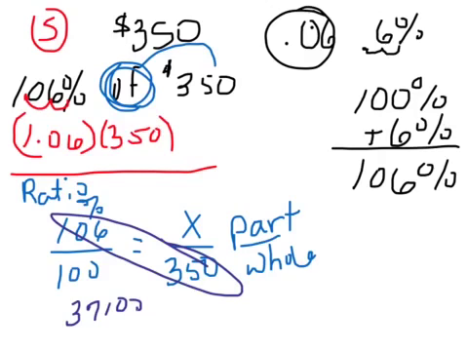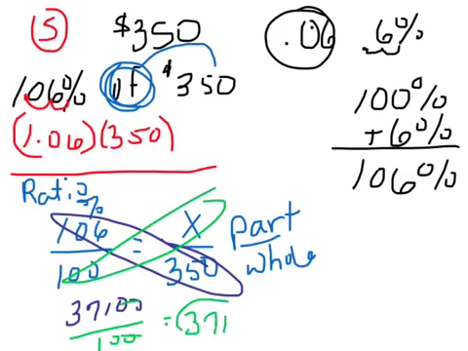And if you remember, when we're doing proportions, we divide by the amount that's across from the unknown. And soon, if you're doing algebra, you would just set 37,100 equal to 100x. But if you don't know algebra, go ahead and divide by 100. And it ends up being 371 is what she makes now. And so that's how you could do that problem.